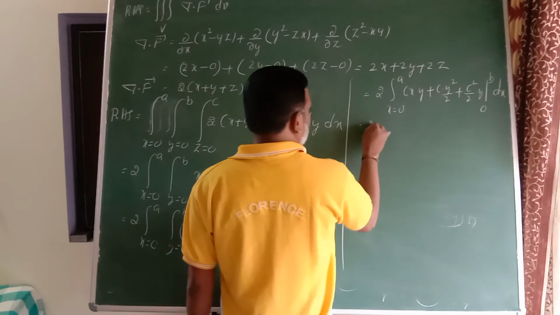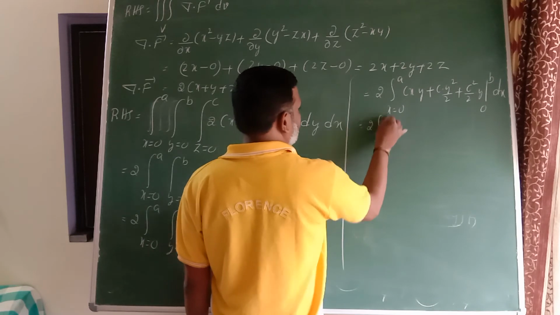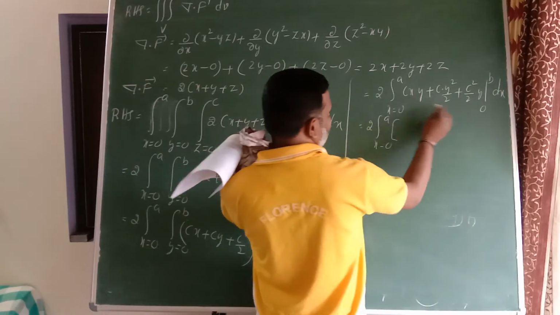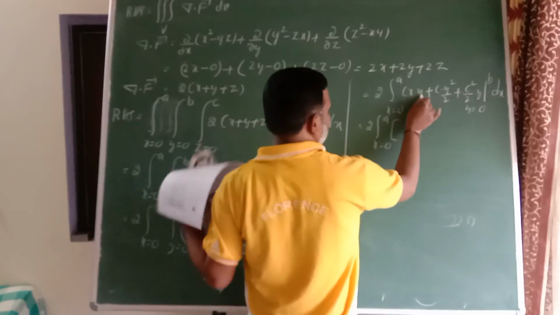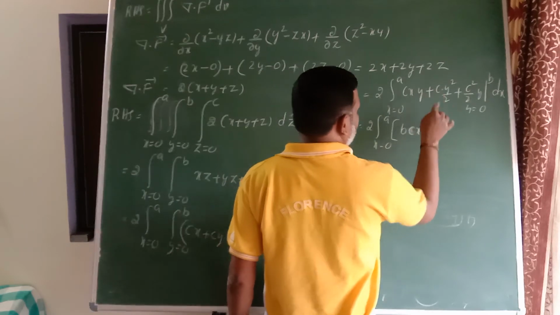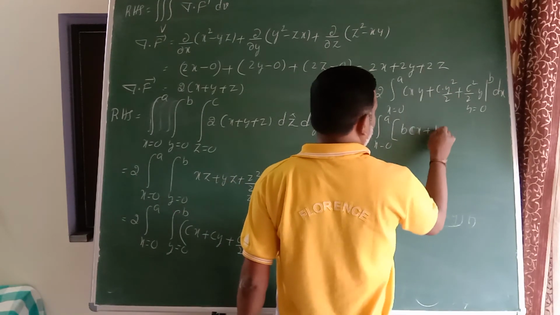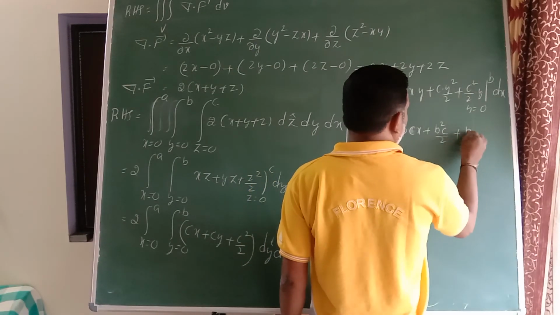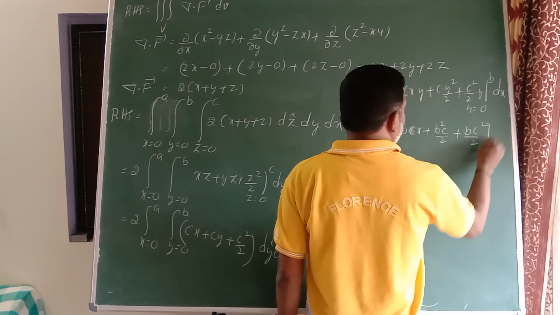Apply the upper limit y equals b: bcx plus b square c by 2 plus bc square by 2, into dx.